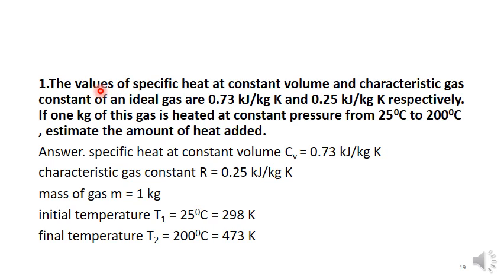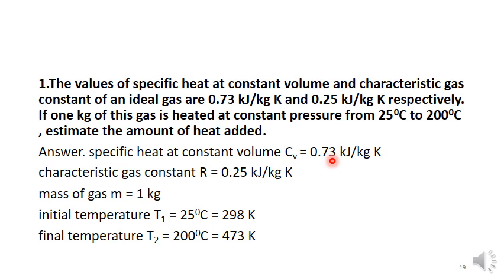So the values of specific heat at constant volume, they have given Cv and the characteristic gas constant R value. So Cv value 0.73 kilojoule per kg Kelvin, R value 0.25 kilojoule per kg Kelvin respectively.